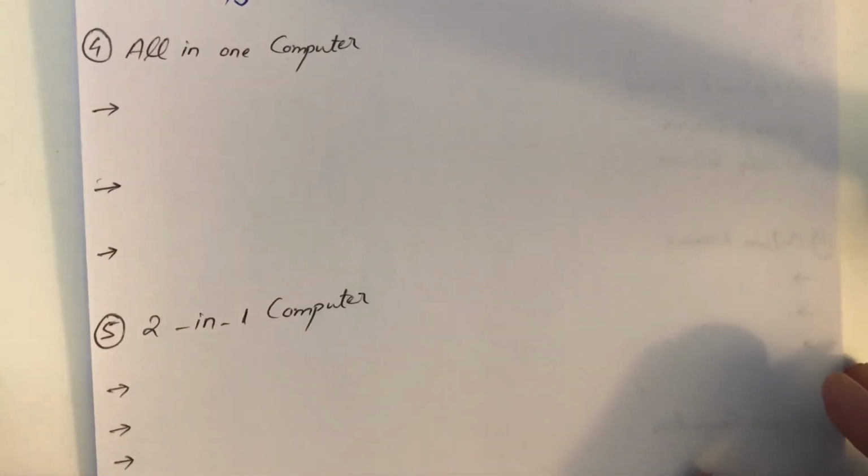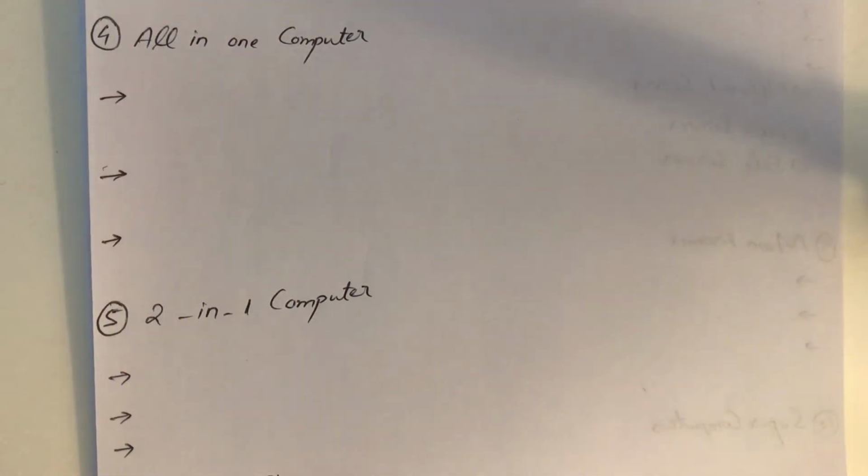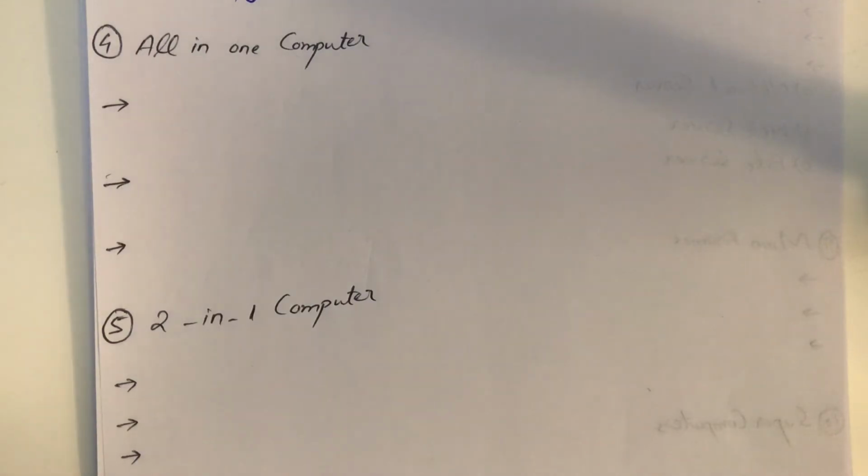Then another type of computer, which is called all-in-one computer. It is also becoming very common nowadays. It is basically in between the tablet and desktop. Like the computers that we have at GGC, those are basically all-in-one computers, which are in your labs.